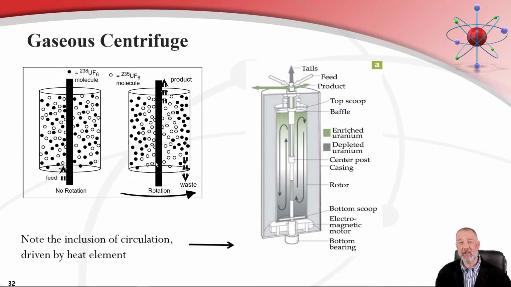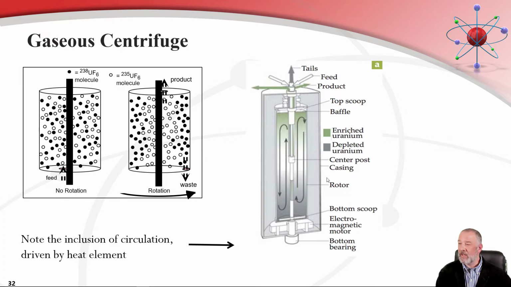And by doing this, we're going to see that the mixture in the middle is going to be enriched. Now it's not perfect enrichment by any means, so we're still going to see a lot of U238 in there. But compared to something like gaseous diffusion, it is quite effective.